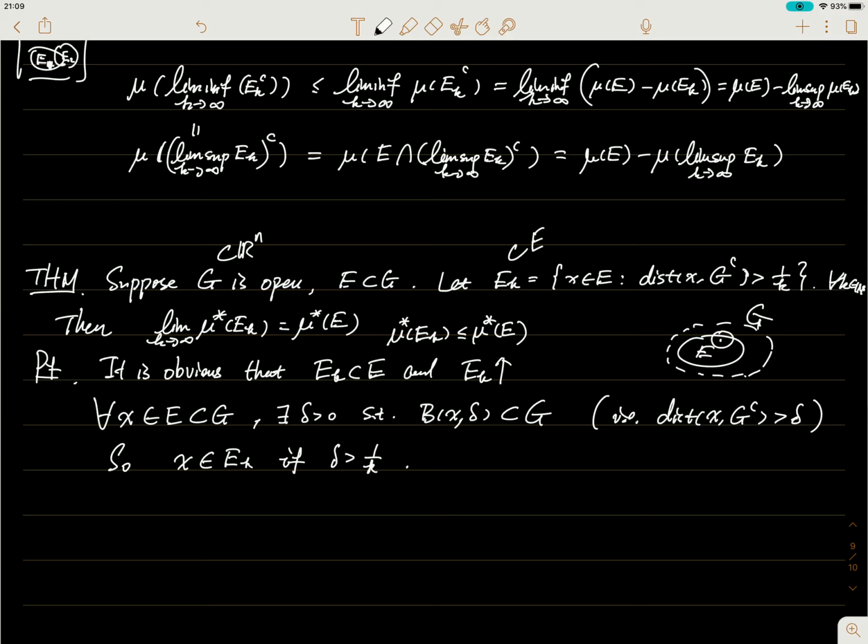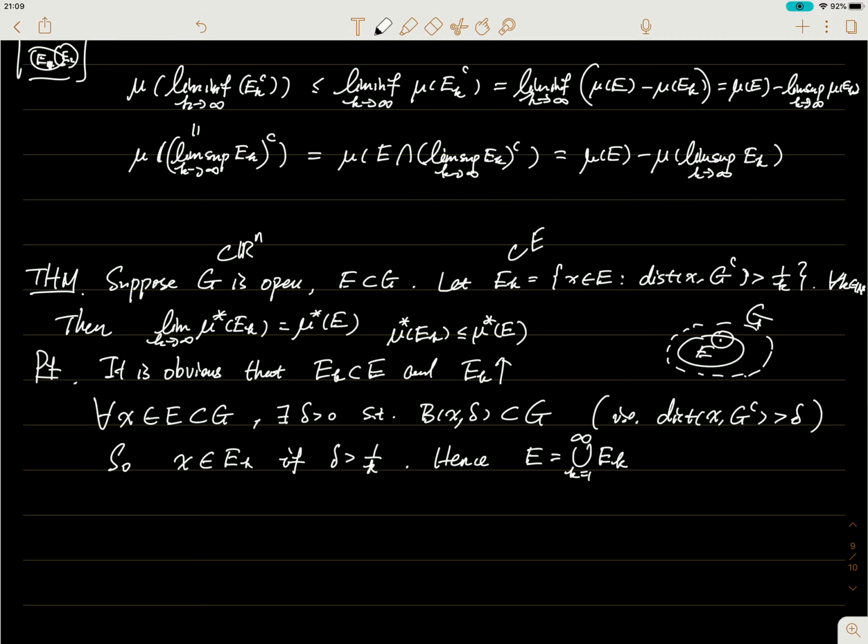So what we show so far is that any point in E will be in EK for K large enough. And that means if I take the union of those EKs, I will get the E, because every point in E will be in some of the EKs. So I know that the E will be just the union of the EKs.